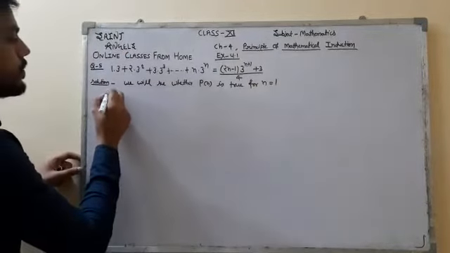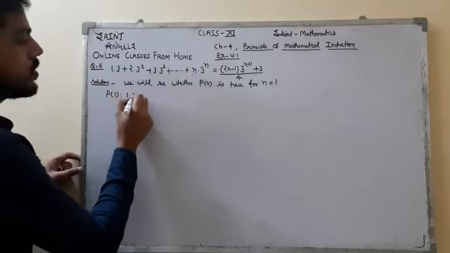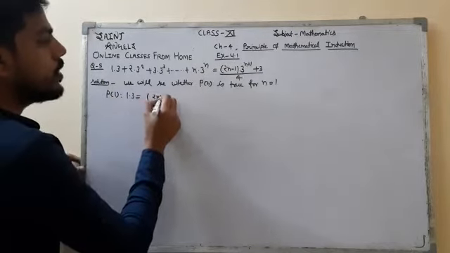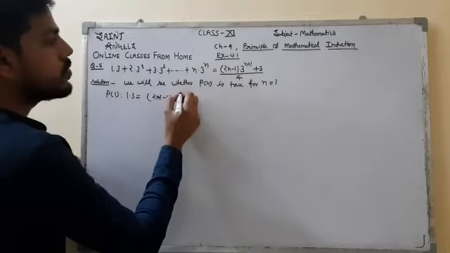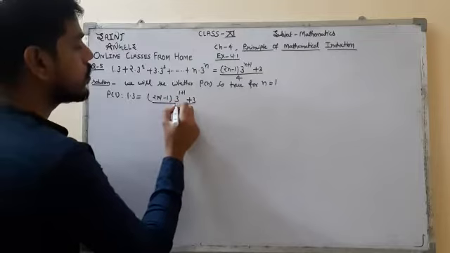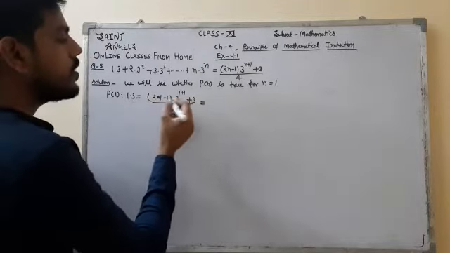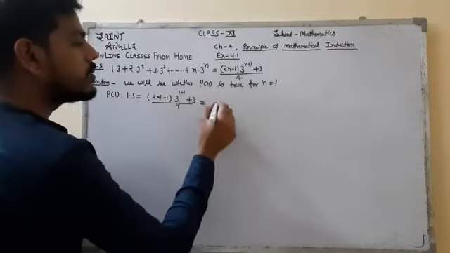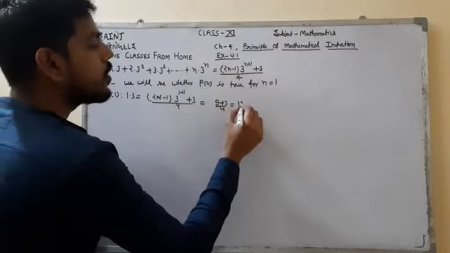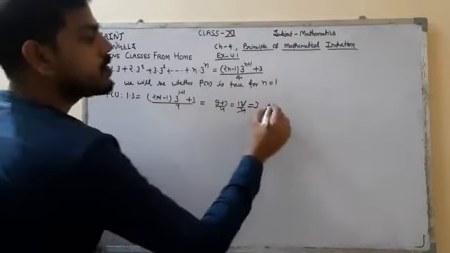So P1 means 1 into 3 equals (2 into 1 minus 1) 3 raised to 1 plus 1, plus 3, upon 4. So it becomes 1 into 3 square, which is 9, 9 plus 3 upon 4, that is 12 upon 4, which is 3. So 3 equals 3, which is true.